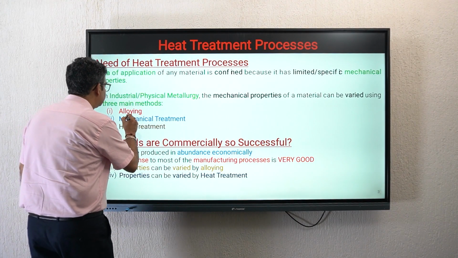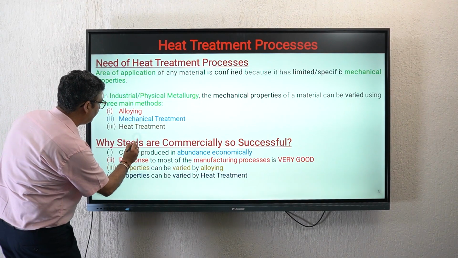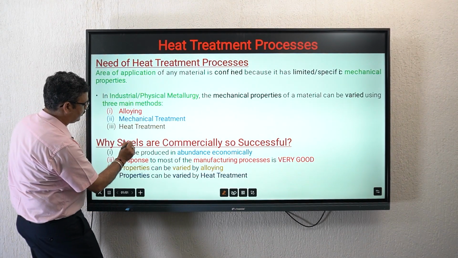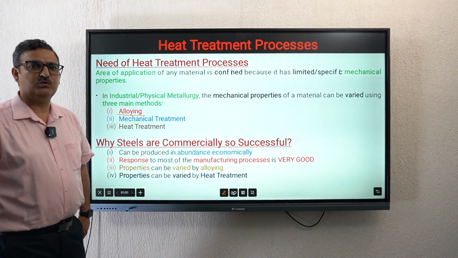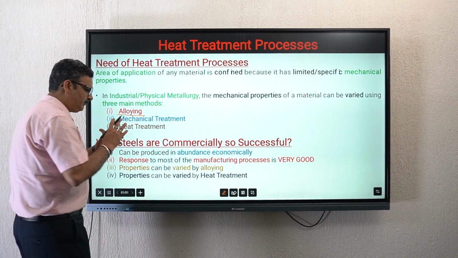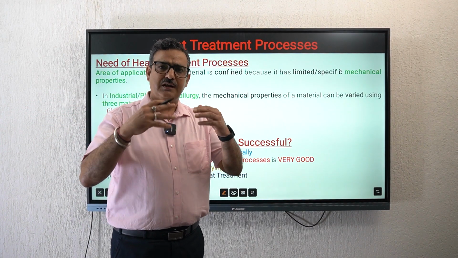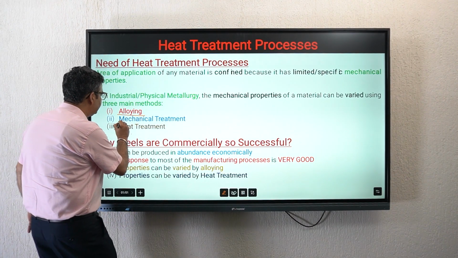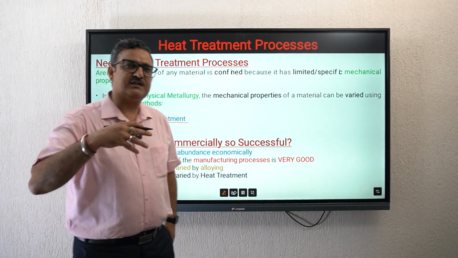One of the routes is that we change the chemical composition of a material system, and when we change the chemical composition of a material system, we term that processing route as alloying, right? But another method is that you apply some pressure or force onto a material, like forging, like rolling. Now, the main application of mechanical treatment is that we wish to bring the material to a particular shape and size.